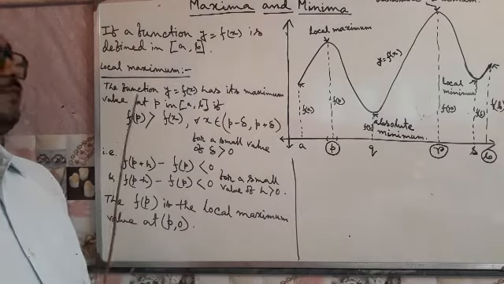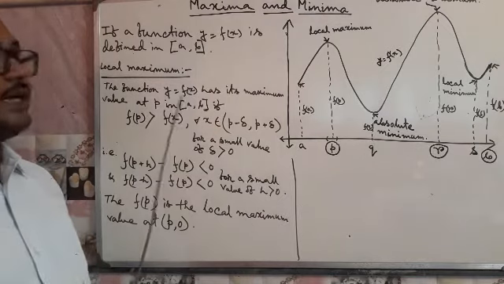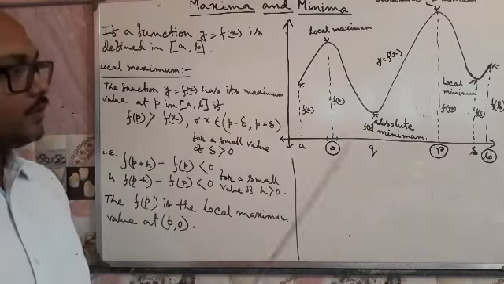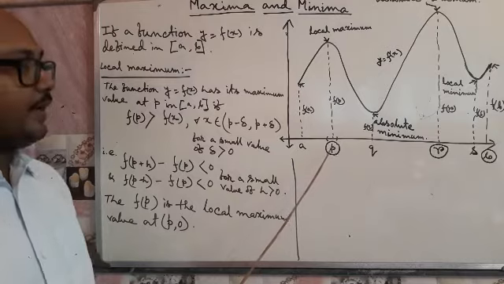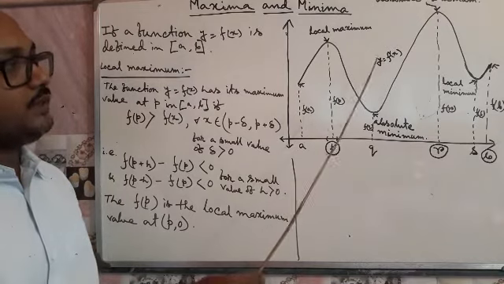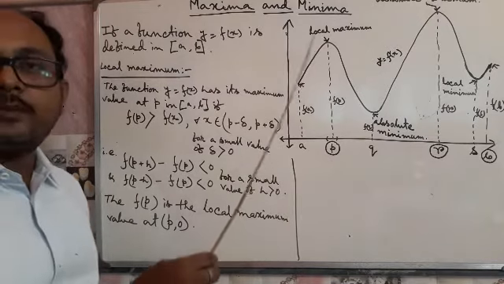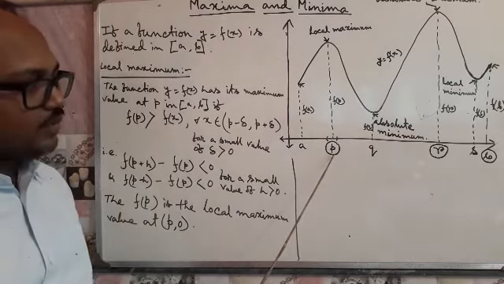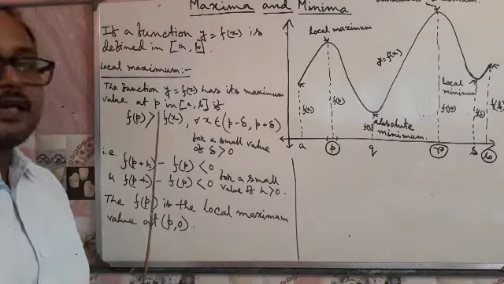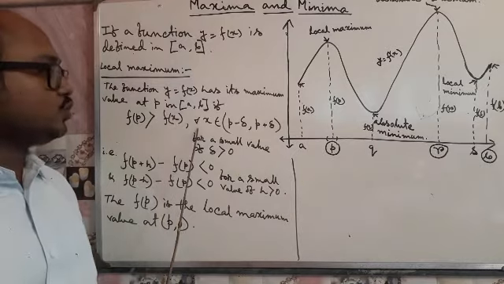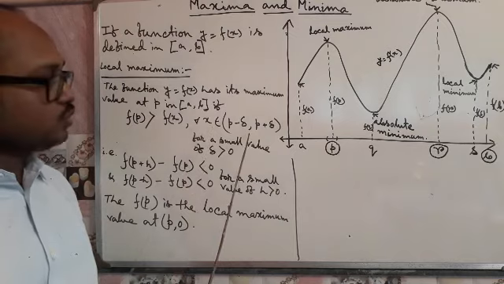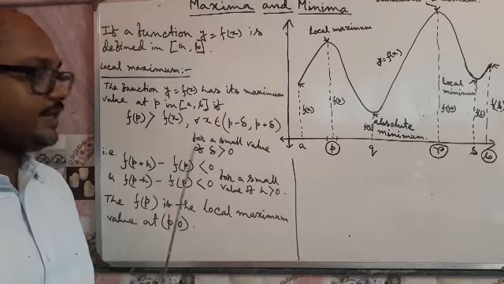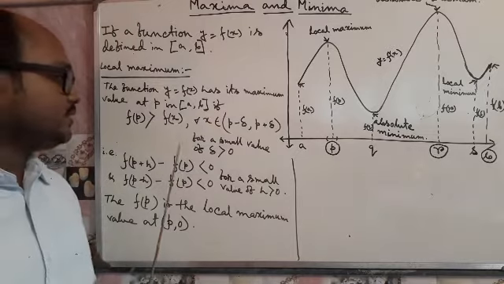At first, local maximum. The function y is equal to f of x has its maximum value at the point p if, again I am telling, at the point p the function attains its local maximum value if f of p, that is the functional value at the point p, is greater than f of x, where x belongs to the open interval p minus delta to p plus delta, where delta is a very small value greater than 0.